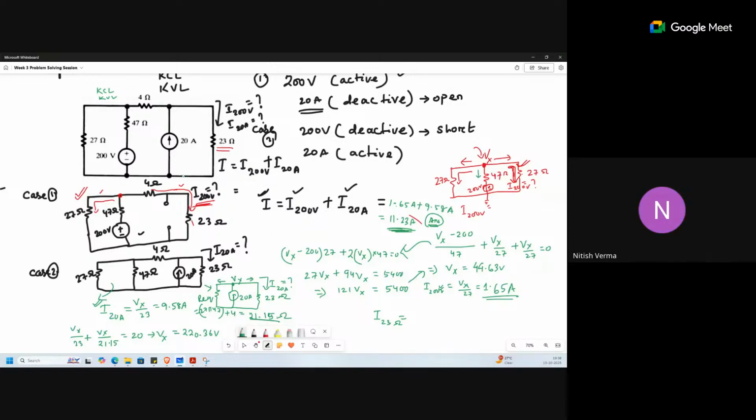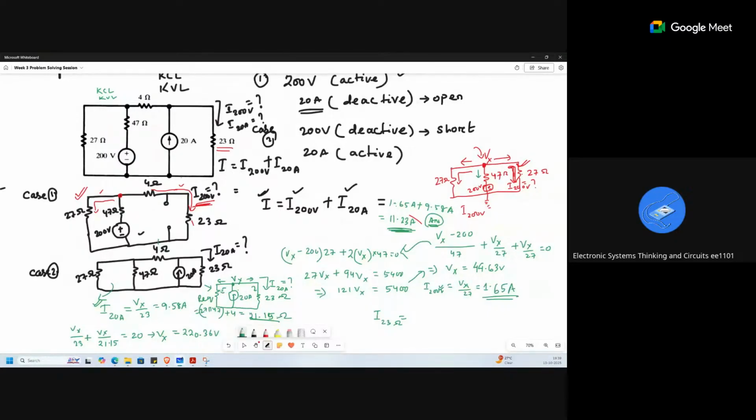But ma'am, why... yeah, tell me. As we know that the current prefers the less resistive path, then this 20 ampere current selects the path across the 23 only. Okay, see, because the left hand side part is more resistive than the right hand side part. See here 23 and here 21.1, but we were just cross checking that due to one source how much current flows through the 23, and due to the other source how much current flows through this.